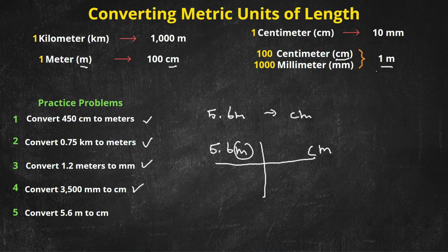Alright, so we can use this one or this one, which basically is the same. So 1 meter is equal to 100 centimeters. So these two will cancel. And now, because we're multiplying, we have to move towards the right 1, 2 places. So let's rewrite this over here and let's move 1, 2. There you have it. So your final answer will be 560 centimeters.